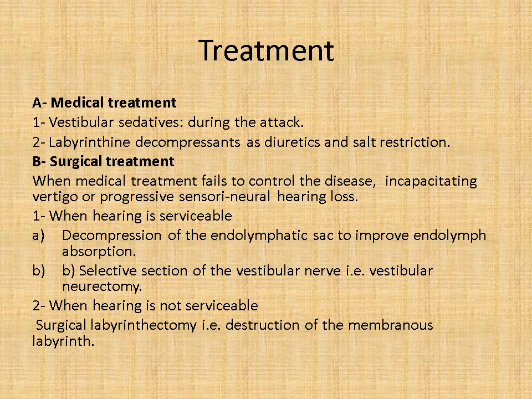So in cases when there is hearing that can be aided, decompression of the endolymphatic sac can be done to improve endolymph absorption, or selective section of the vestibular nerve, vestibular neurectomy. These options are still quite invasive.